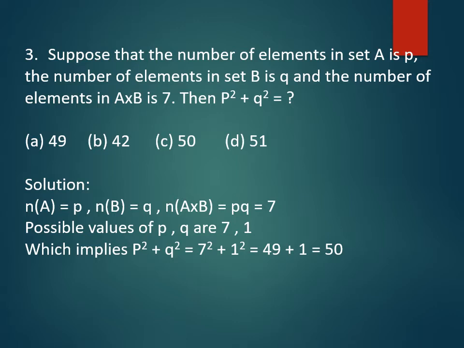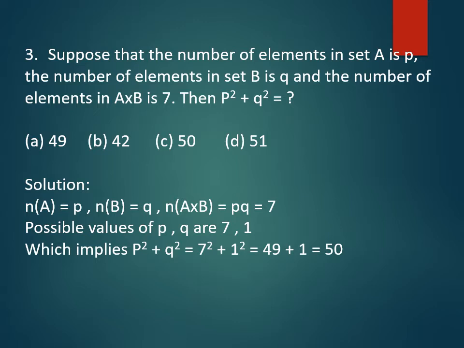So this is a prime number. Product of two numbers is 7 is possible only when the numbers are 7 and 1 here. That is when P is equal to 7, Q will be 1, or when P is 1, Q will be 7. This is the possibility here.